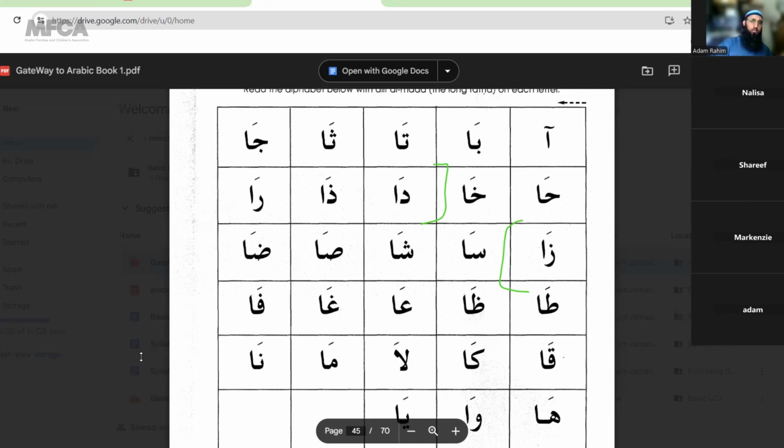Da. There you go. Da, very good. Elongated sound. Very good. Sister Melissa, the next one, please. The. Ahsanti. Brother Shadi, it'll be the first one.